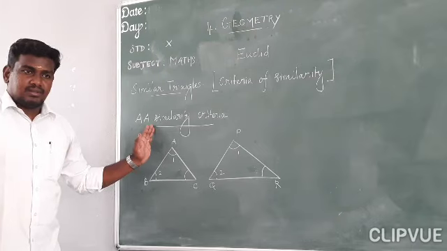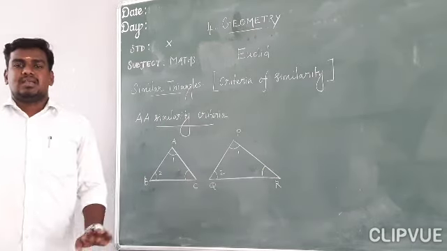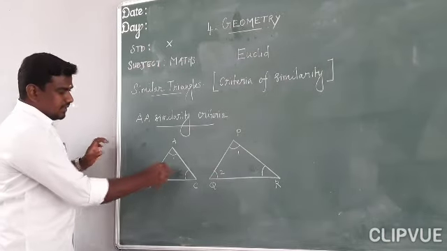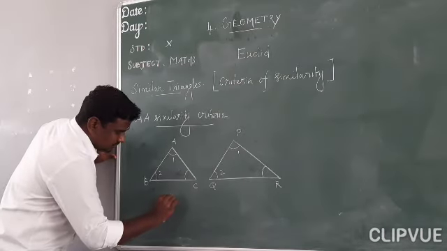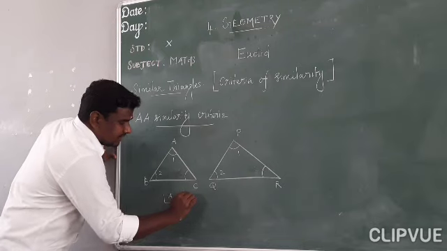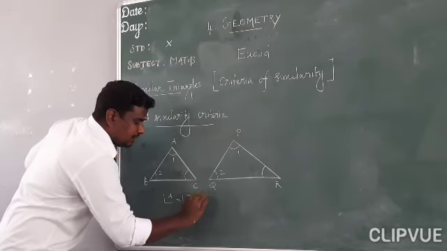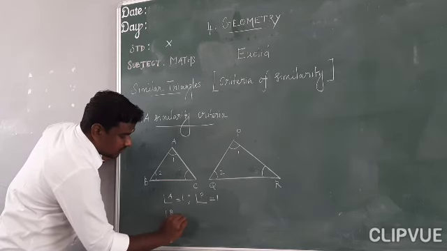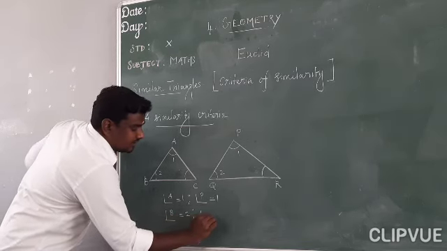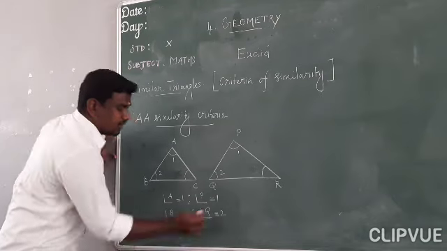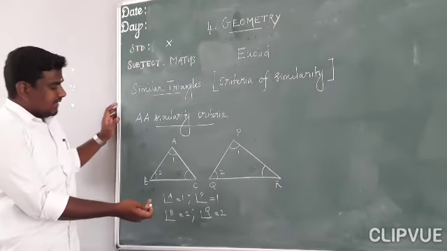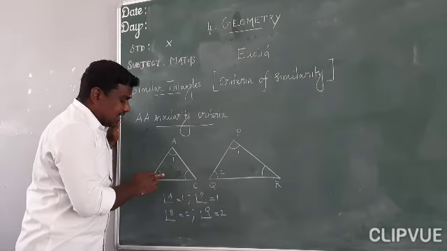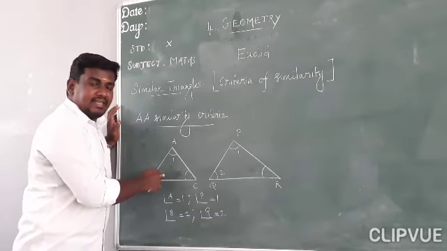The third angle must also be equal. If two angles are equal, the third one must be equal. How, sir? If angle A equals 1, the corresponding angle P is also 1, and angle B equals 2, angle Q is equal to 2. The third one must be equal: if angle A is 40 degrees and angle B is 50 degrees.